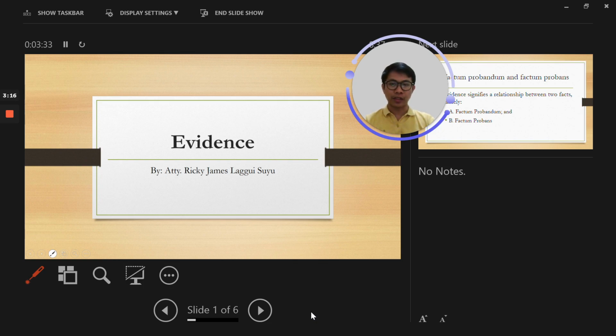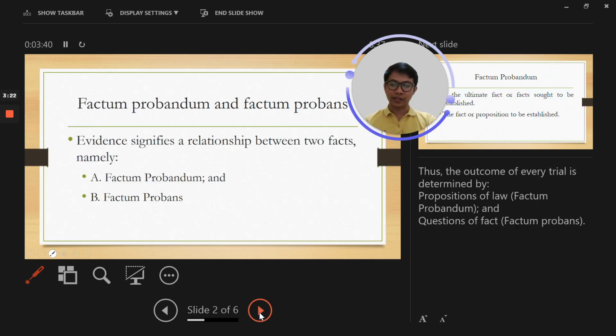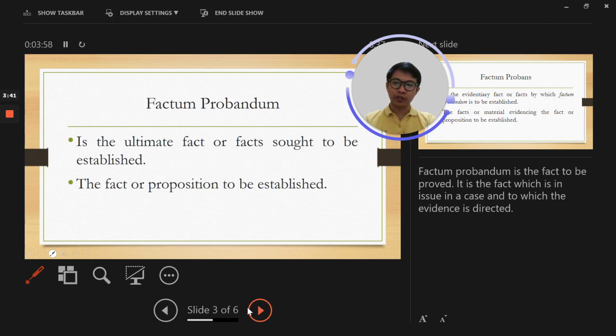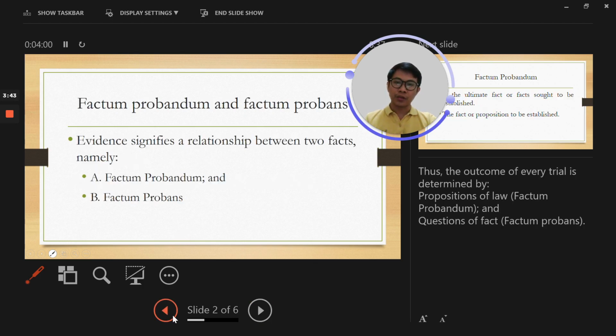In evidence, there is an interplay between two facts, namely factum probandum and factum probans. Later in our discussion, we'll be defining what factum probandum is and what factum probans is, give examples of each, and how they relate to each other.